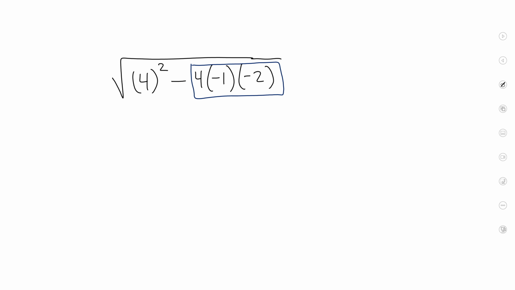So 4 times negative 1 is negative 4, and negative 4 times a negative 2 is a positive 8. So what's in this box is worth 8, okay? Then just continue everything else. 4 squared is 16, and we're subtracting, okay? So it might help you to just box these numbers, calculate what it is, and then subtract it, okay? All right, so I'll just pause there.